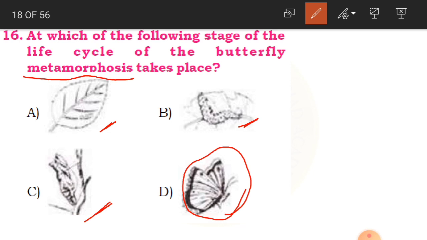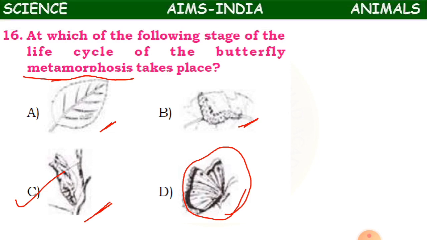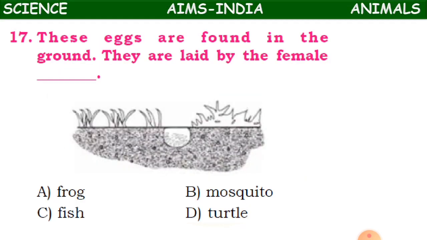In which stage of the life cycle of the butterfly does metamorphosis take place? That is C option, children. In the pupa. Here the butterfly takes a change to form an adult butterfly. Physical change, that is shedding its skin and becoming an adult butterfly. Clear, children? Now we'll go to the 17th question.